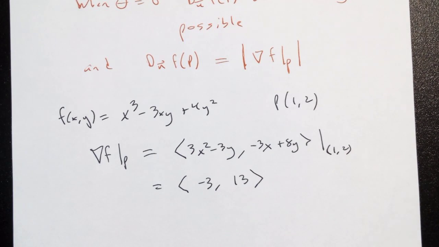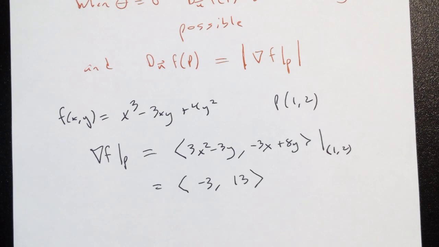But now I can say, wait a minute. The direction that goes uphill the fastest is that direction. If I'm standing at the point (1, 2), and I want to go uphill the fastest, I should be going back that way. Right? Negative x, positive y.